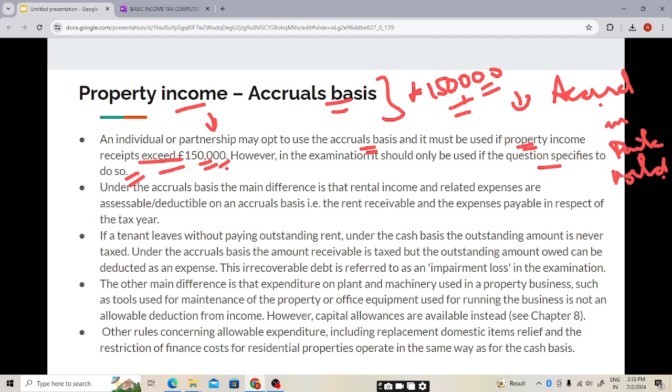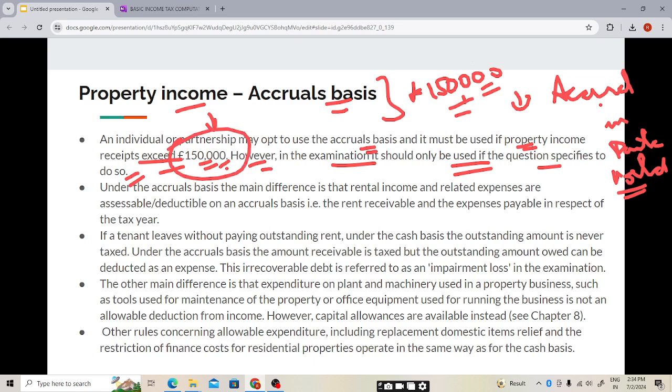But in our exam, the question will specify that you need to use the accrual basis. If it does not specify, simply follow the cash basis. If they specify, simply follow the accrual basis.